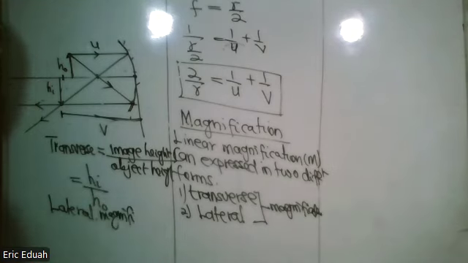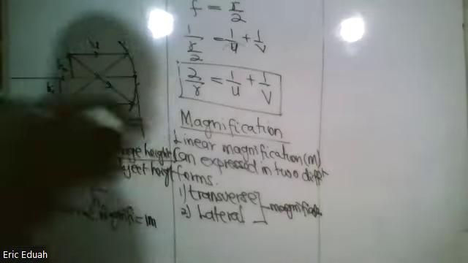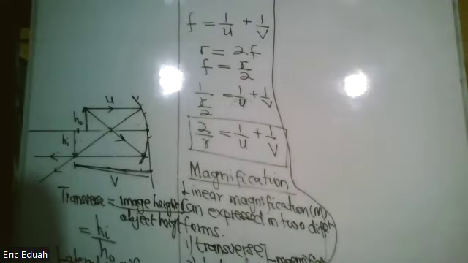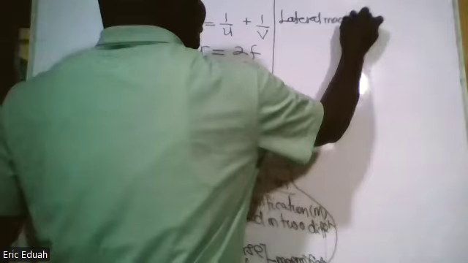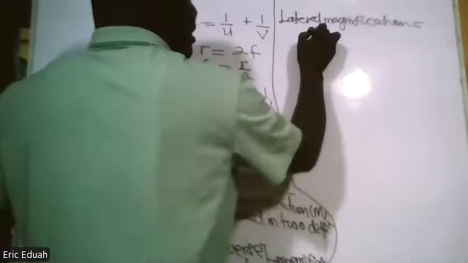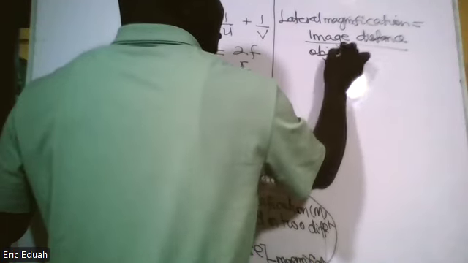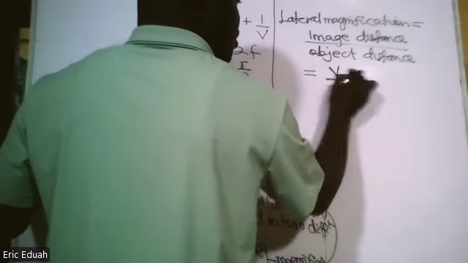With lateral magnification, we are looking at the image distance V. Lateral magnification is the ratio of the image distance to the object distance. And so this is equal to V on U.